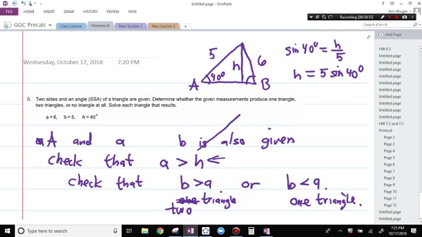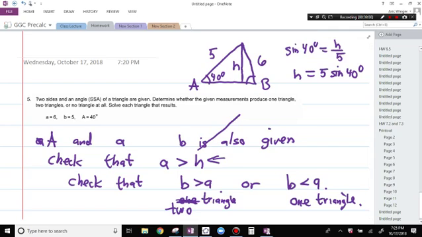Maybe you can tell me how I do that before you even put it in. What do we know about sine? It's always less than 1. If I multiply 5 times something that's less than 1, you're going to get something less than 6. So good, A is long enough. We can make a triangle. And now because A is bigger than 5, A is bigger than B, there's only going to be one triangle.